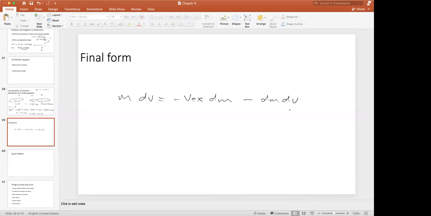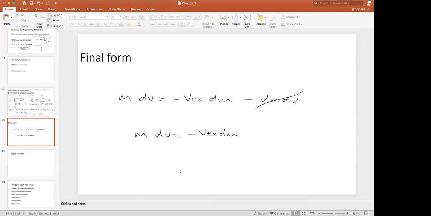But I need to talk about this term right here. If I have something that's like 0.000005 times 0.000001, two very small terms are super, super small. So this term, I'm going to ignore. I'm going to throw that term away. I'm going to assume it's so small that it doesn't matter. And now I've reached my final form of the rocket equation.